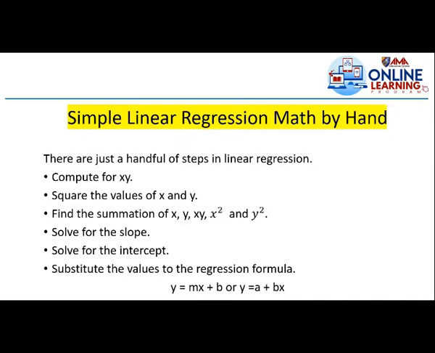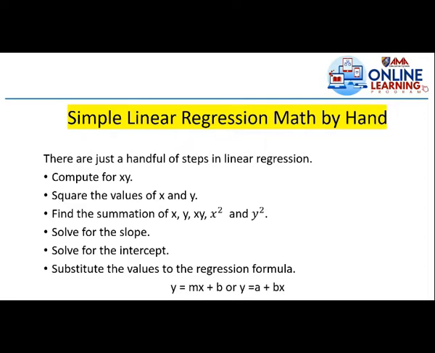So these are the steps. First, compute for the product of x and y. Then, square the values of x and y. Then, find the summation of x, y, xy, x squared, and y squared. Then, solve for the slope, solve for the intercept, and substitute the values to the regression formula, which is y equals mx plus b.